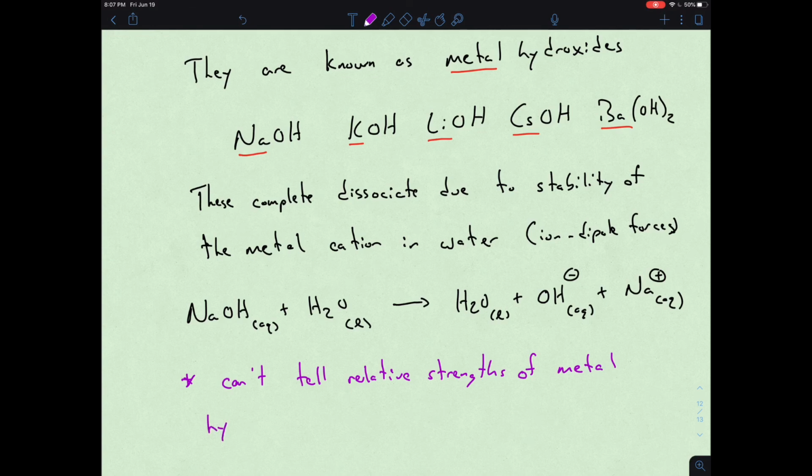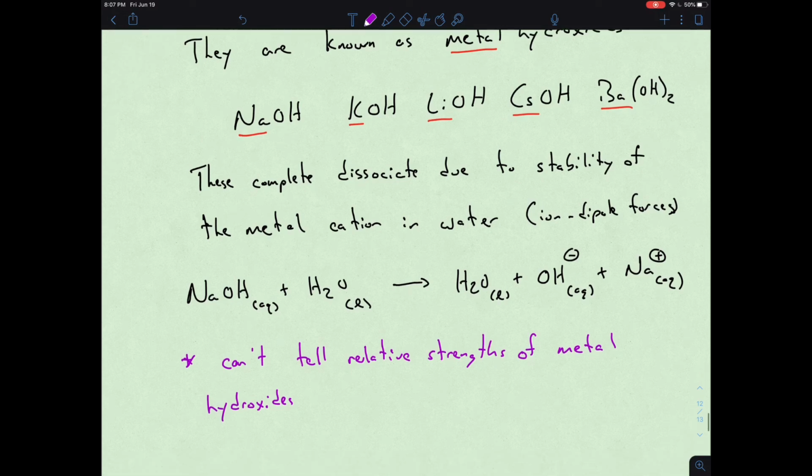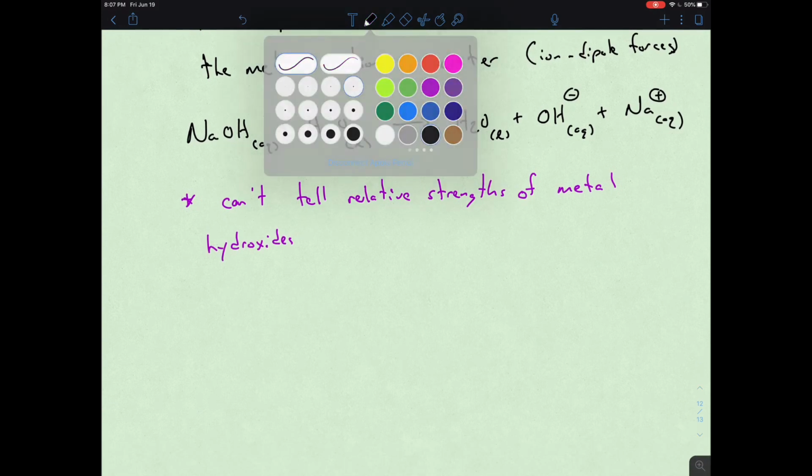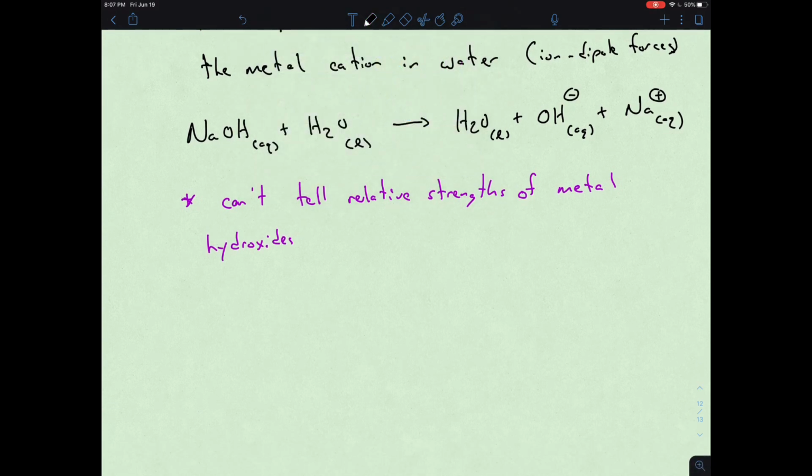Of the metal hydroxides, there's no real rhyme or reason. We can just say that they're definitely stronger than the second group, which is looking at weak bases.